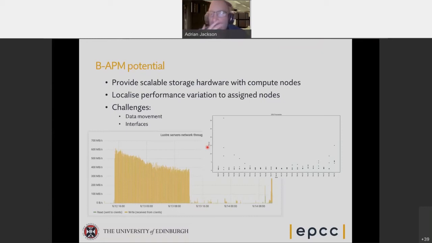So these pictures are examples of this one here with the 256 processor graph. There's examples of us benchmarking the performance of I/O from an application over time. Same application, same data set. We just run it on a system, run it 5 times a day, every day for a month, and see how long the I/O takes.